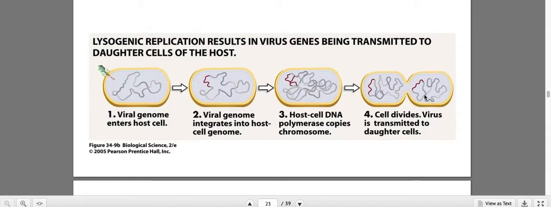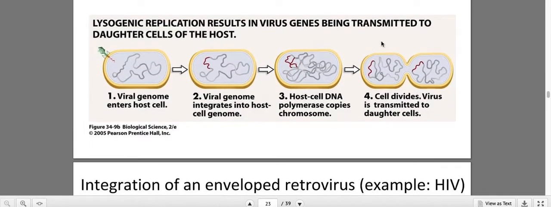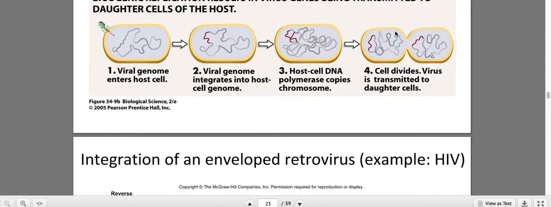This generally happens when the environment overall is good, so the virus doesn't need to come in, do its thing, and get out really quickly. It's just chilling, so when the cell divides, it divides with it.